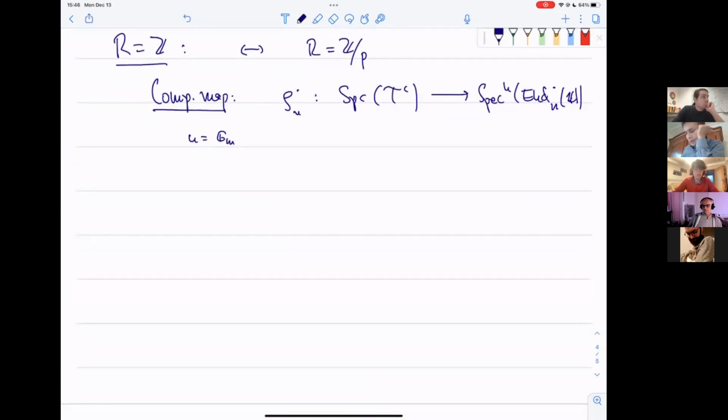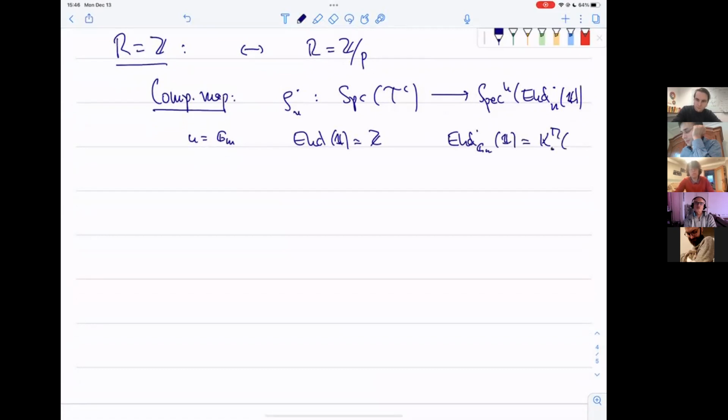But if we describe those endomorphisms, so just the endomorphism of the unit will be, in pedantic terms, Milnor K theory in degree 0, but it's just the integers. And as I said before, the endomorphisms will be Milnor K theory of the field.